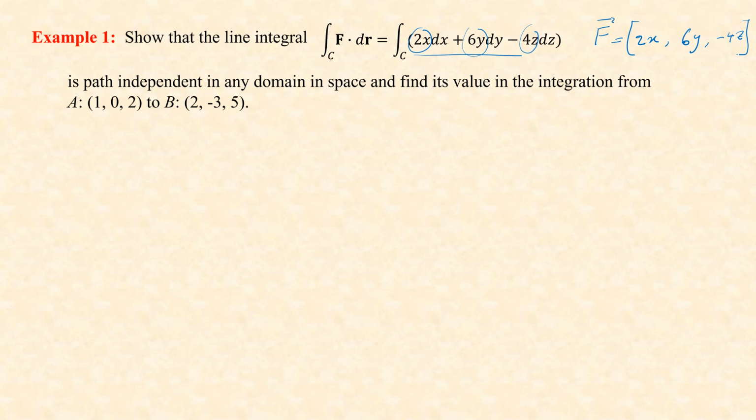So how can we do that? There are different ways. One is to find the potential function, a scalar function whose gradient is F. Can you guess a scalar function whose gradient is F? This one is easy to guess. Sometimes it's not easy to guess.